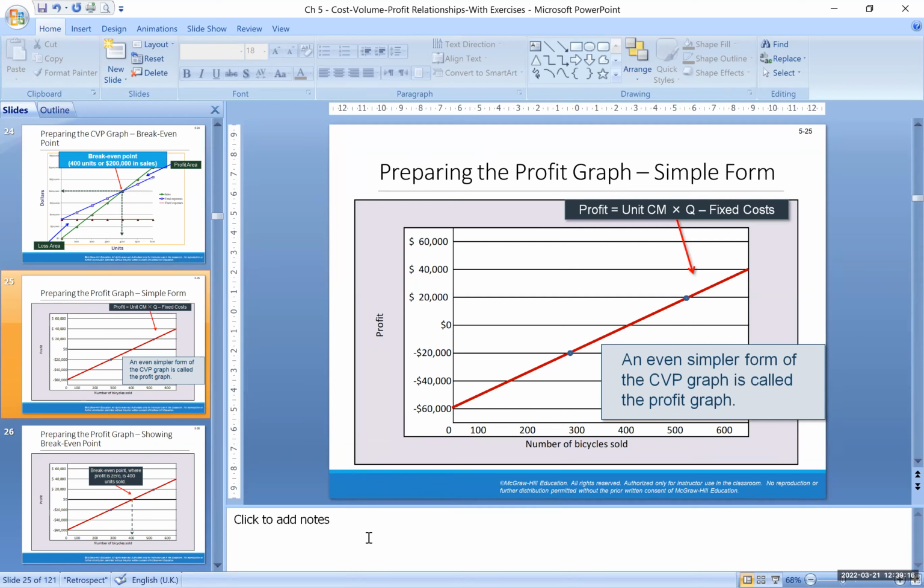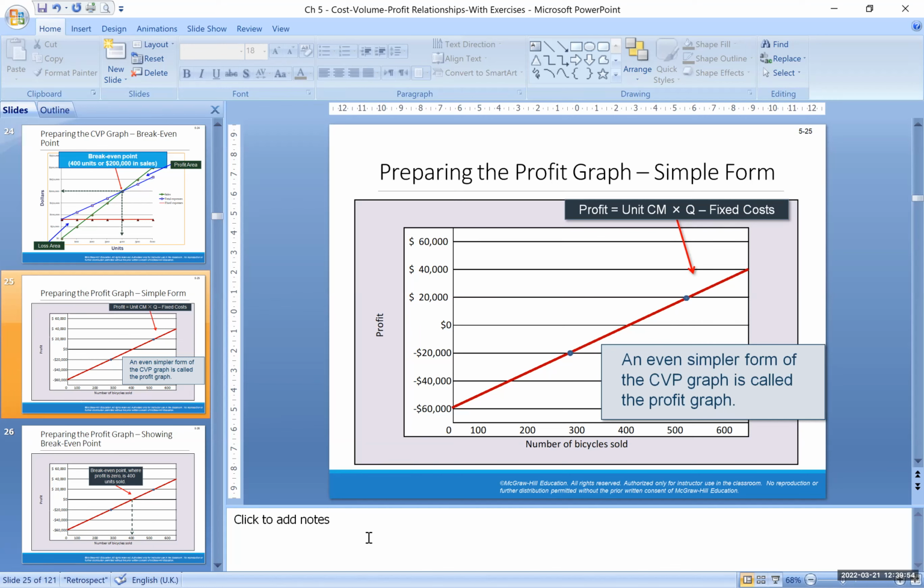In simple form, the profit is the unit contribution margin times Q, which is quantity, minus the fixed costs. An even simpler form of the CVP graph is called the profit graph. Look, the profit will be 0 at the point of 400 units, the number of bicycles sold, and the line will start from a loss.